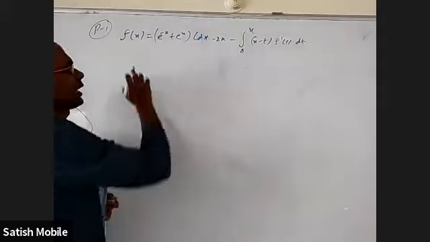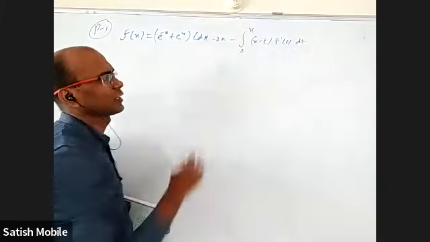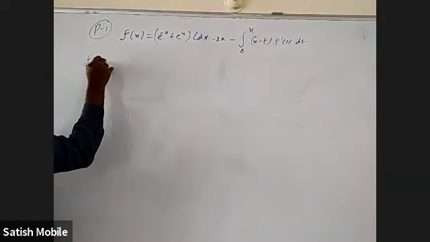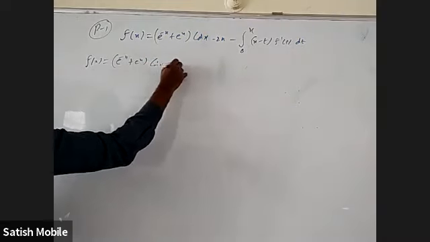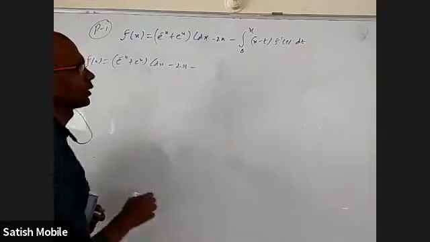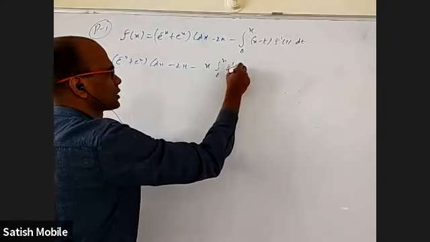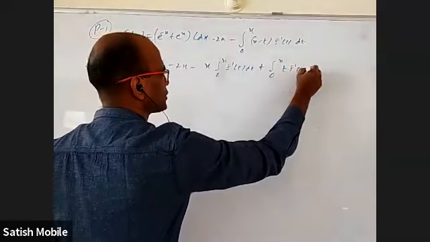There's an integral involved. I need to differentiate on both sides, but I cannot directly differentiate because there's an x involved here. So I have to split it now: f(x) = e^(-x) + e^x cos x - 2x - x ∫ from 0 to x of f'(t) dt + ∫ from 0 to x of t f'(t) dt.